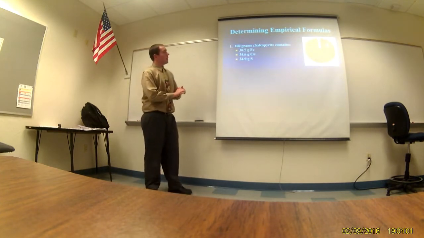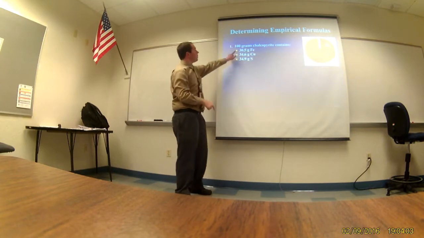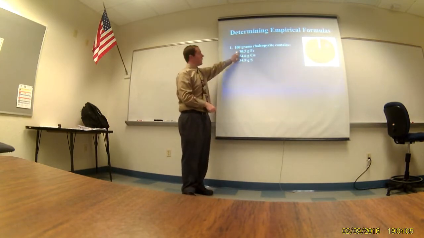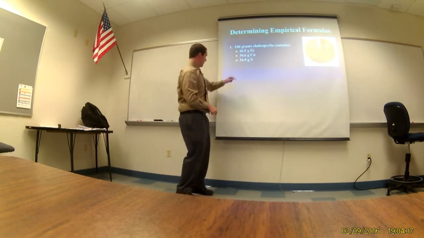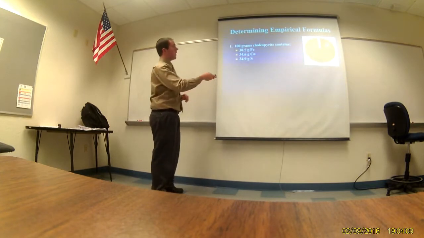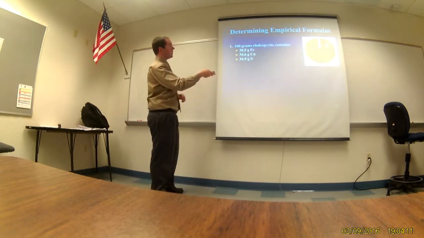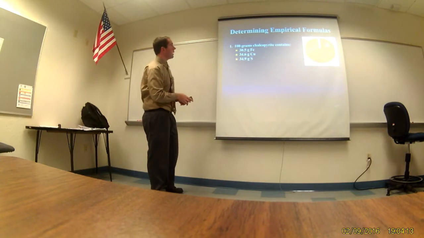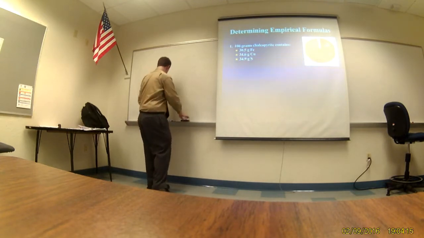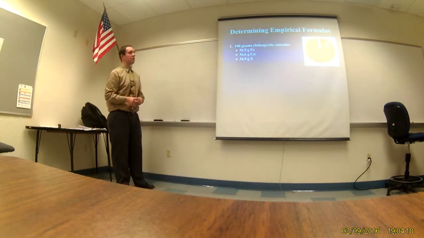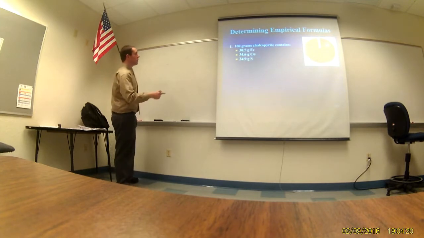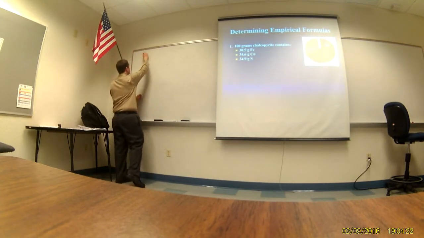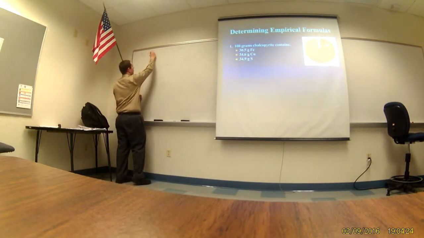So, if those are our percentages, and we assume we have 100 grams, that immediately means we have 30.5 grams of iron, 34.6 grams of copper, 34.9 grams of sulfur. So we have to convert each of those into moles. I'm going to start with the iron. We have 30.5 grams of iron.